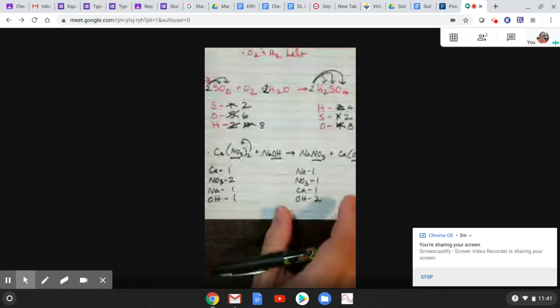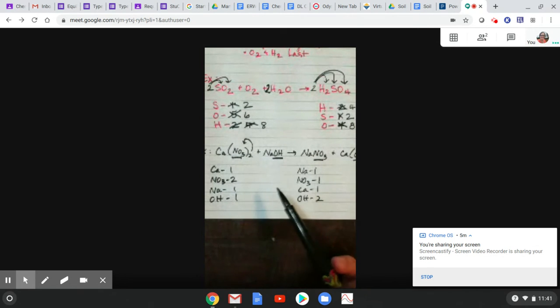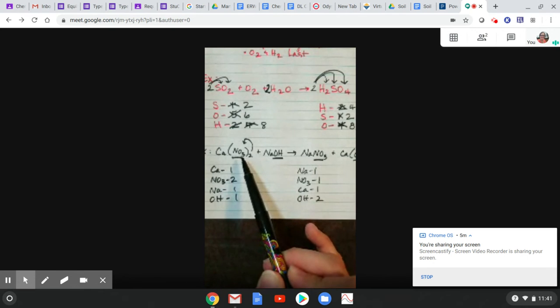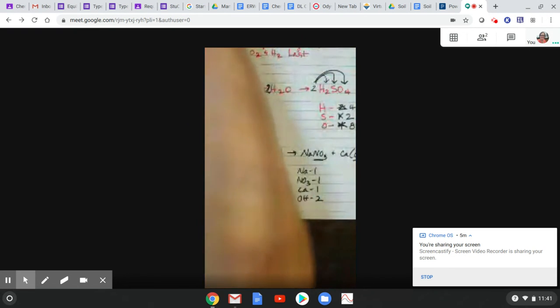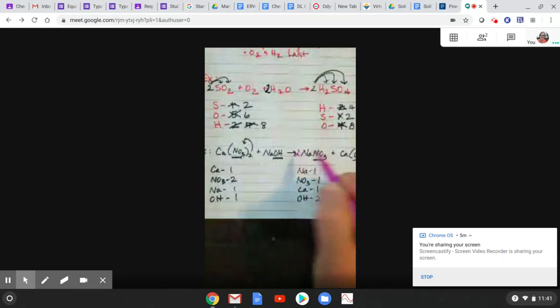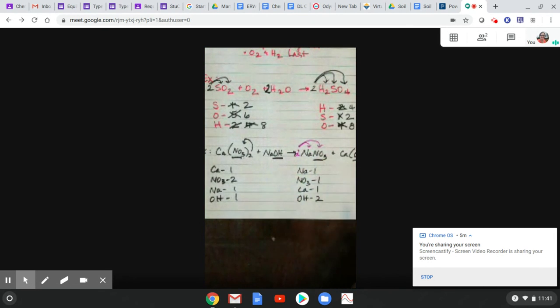So it really doesn't matter what we solve or what we balance first, because our metals are already balanced. So now if we just move on to our polyatomic ions, it really doesn't matter which one we do. I have 2 nitrates on this side and only 1 nitrate on this side. So I'm going to have to put a 2 in front of this. So now when I distribute that 2 to everything, that means I have 2 sodiums and I have 2 nitrates.